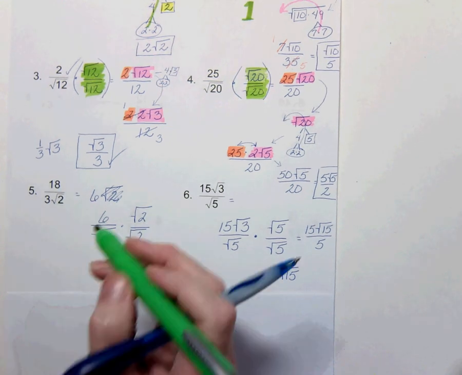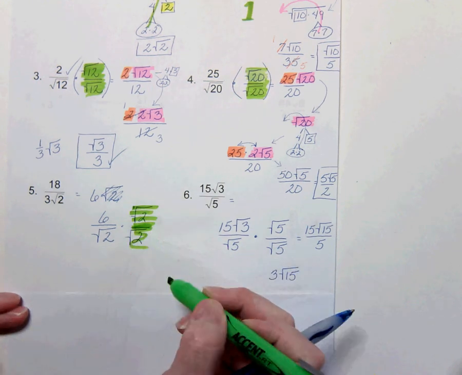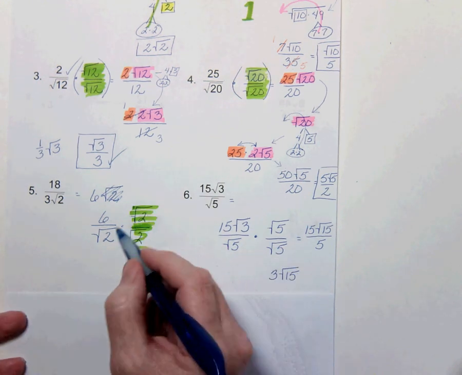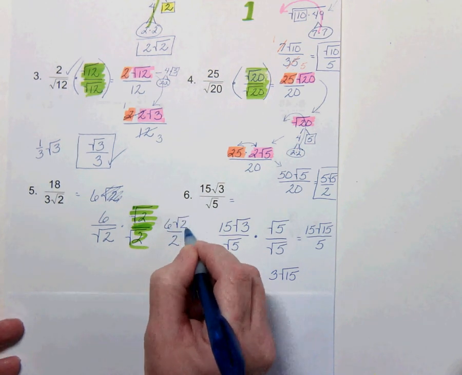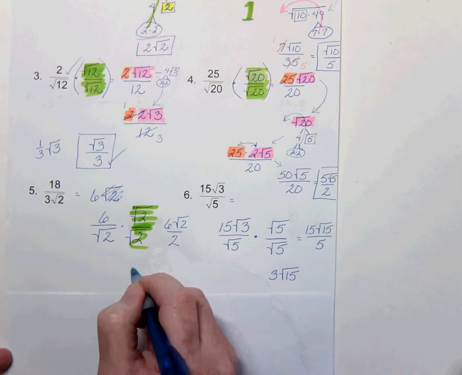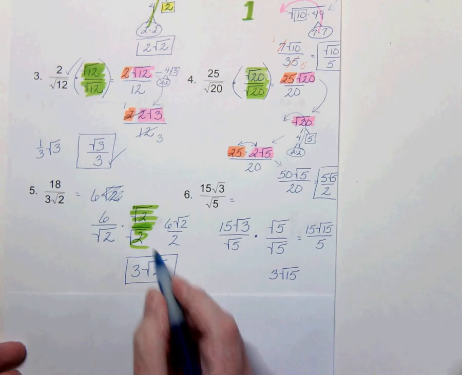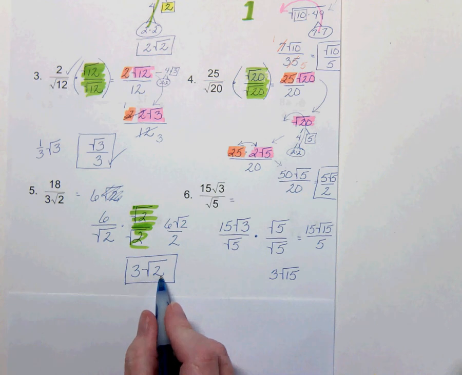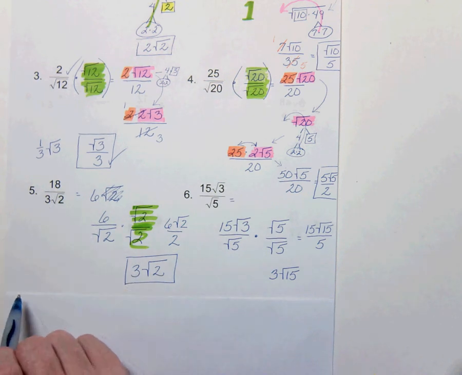You're multiplying by the same. Alright, so that becomes 2, and the top is 6 square root of 2. But this reduces. 6 divided by 2 is 3. 3 square root of 2. So make sure you check this with your calculator to see if it's the same thing as that.